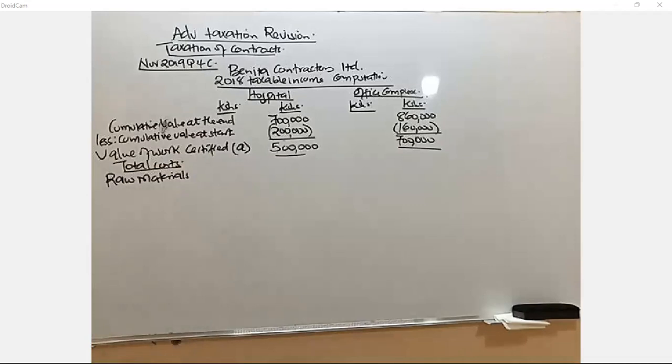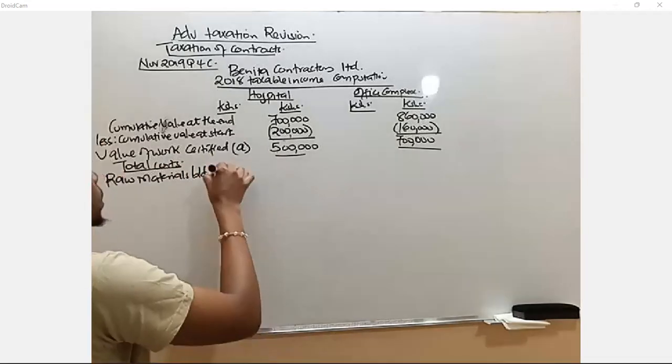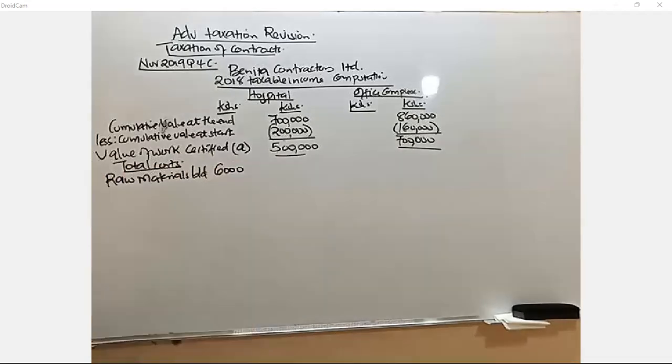The raw materials we are being given there at the beginning, the balance brought down at the beginning of the year should be how much? 6,000 here. And then on the other side, we have 4,000.